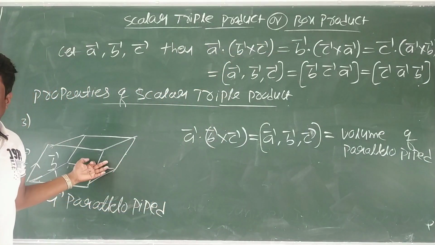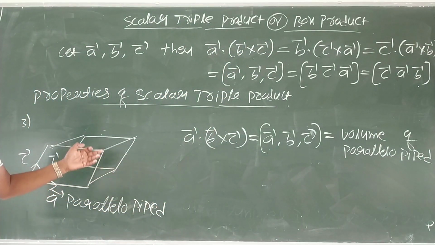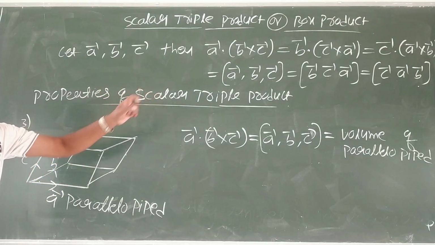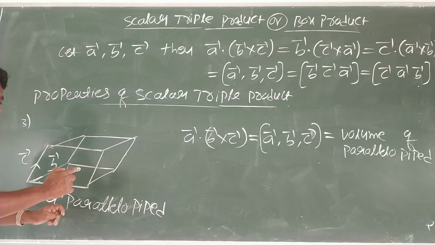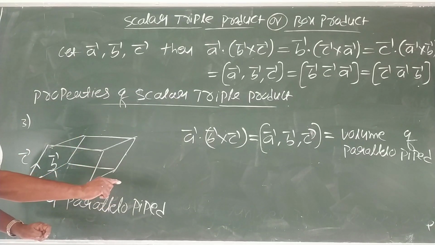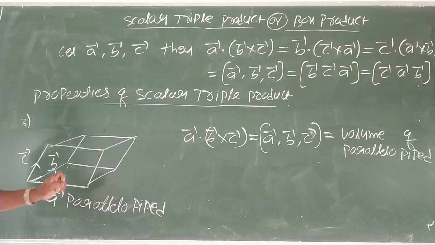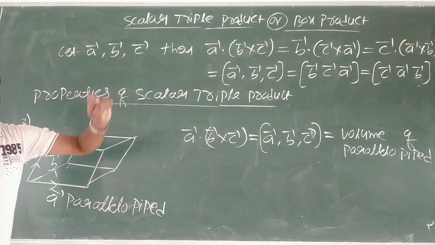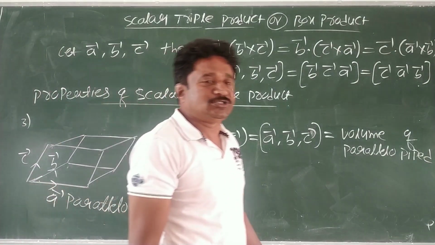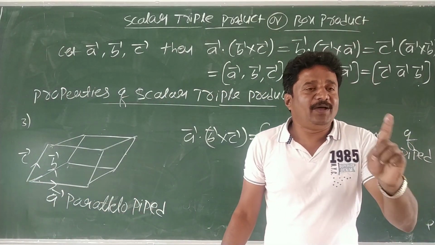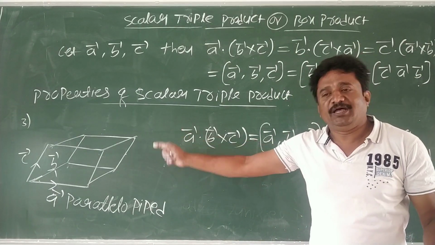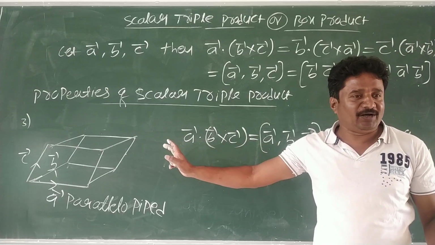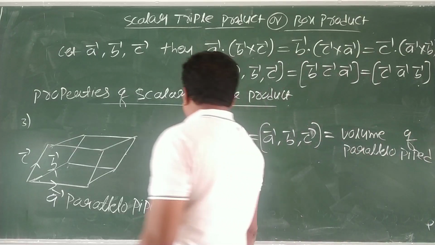This is the reason: because the scalar triple product represents the volume of a box. What type of box? Parallelepiped. So this is why the scalar triple product is also called a box product. Because it represents the volume of the box. Right?